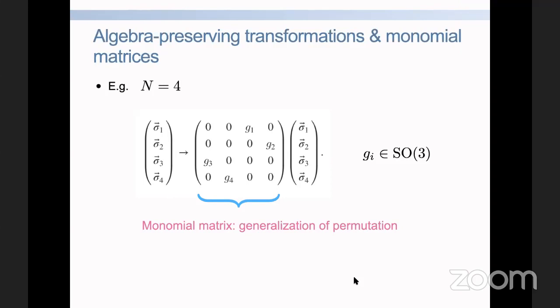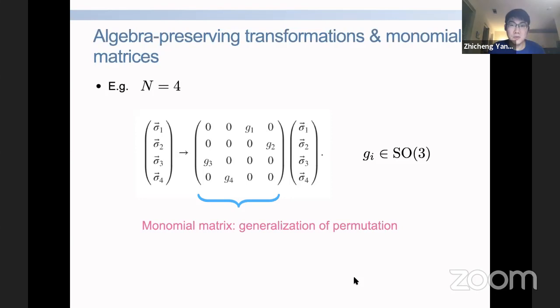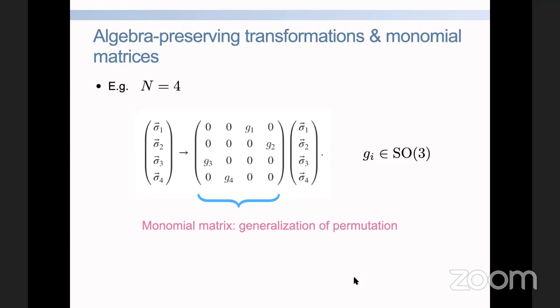Okay, I want to ask. It is very similar to the formalism by Van Ness. Several years ago there were papers where he constructs two-body Hamiltonians with these monomial matrices, even topologically ordered models. Is your work related? I'm not familiar, what was the context there?